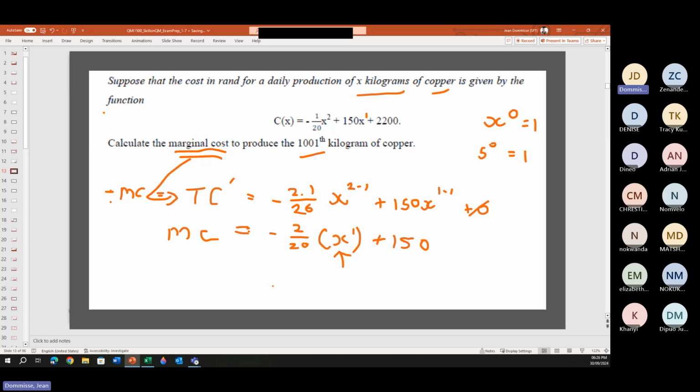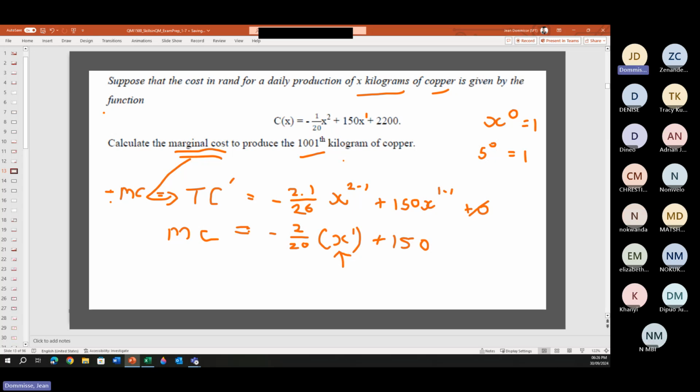Okay, cool. So we will need to basically see what it will cost to produce that one extra item. So let's just first make this simplified.